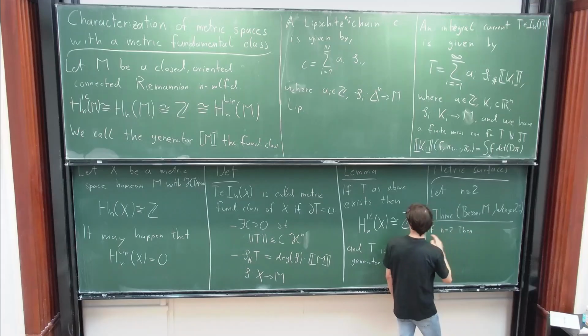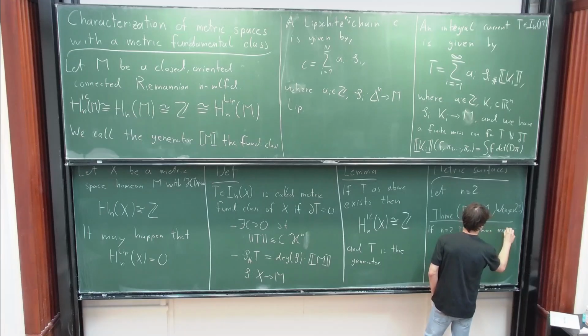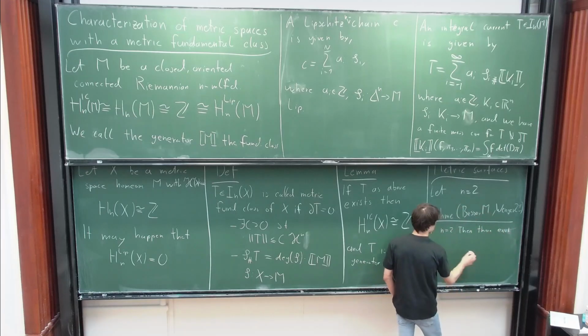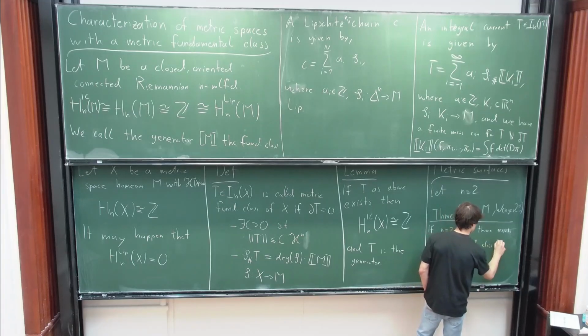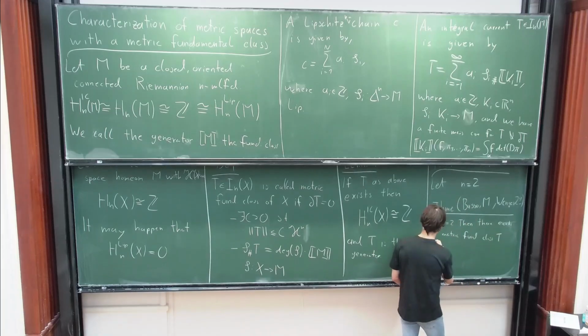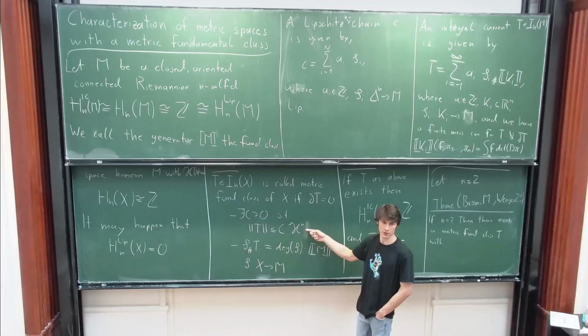For surfaces, we know that there always exists a metric fundamental class, and we have a uniform constant for this inequality.